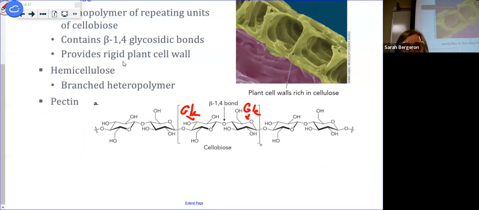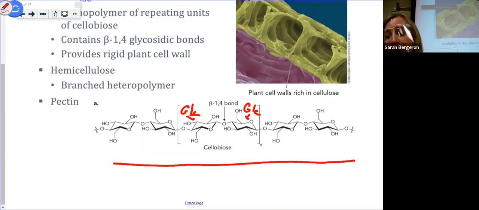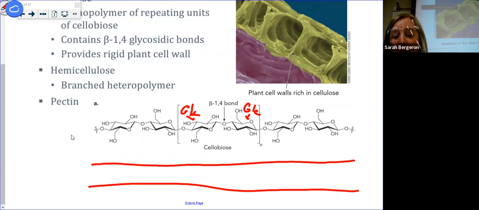But here's the cool thing, right? In a plant cell wall, you don't just have one simple strand. You actually have another strand underneath and another strand and so on and so on. And so all of those sugars, what do they have hanging out? They have lots of OHs.